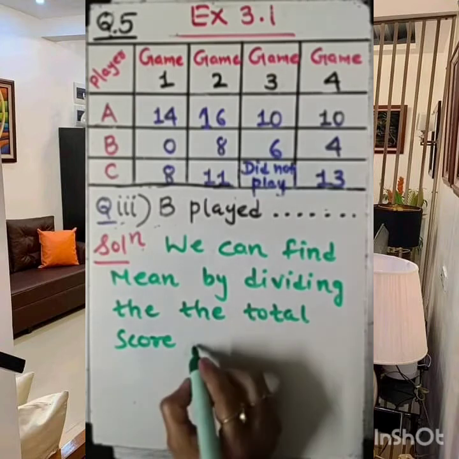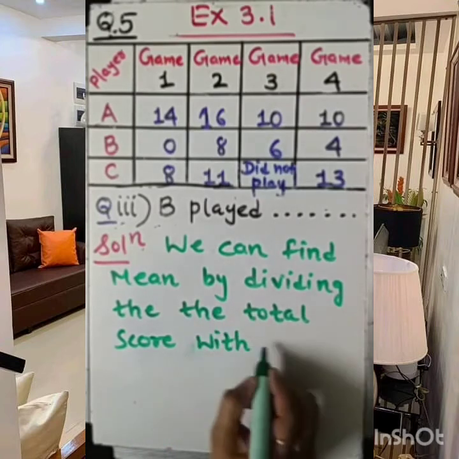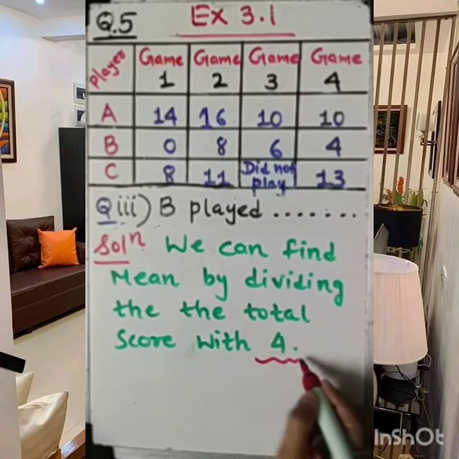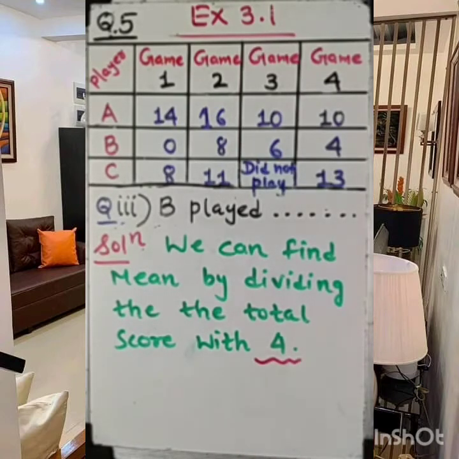We need to divide the total score by 4, then we will have the mean of player B.